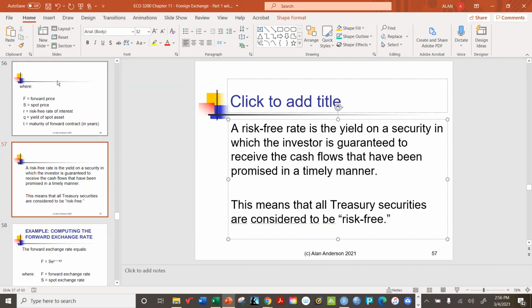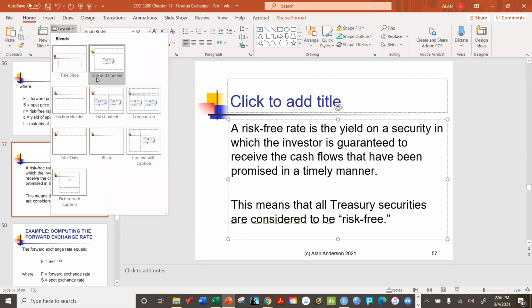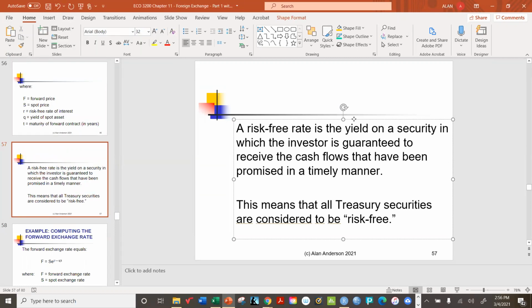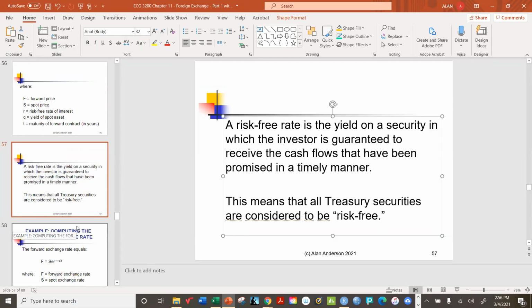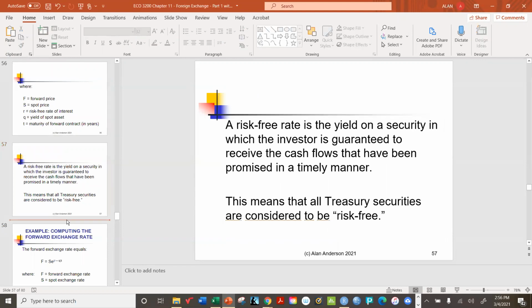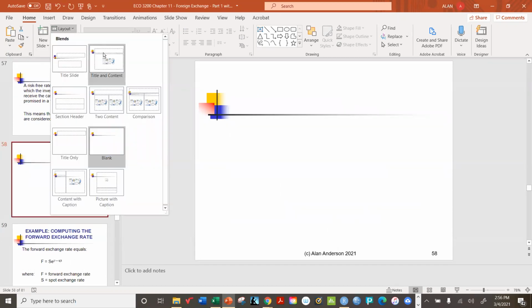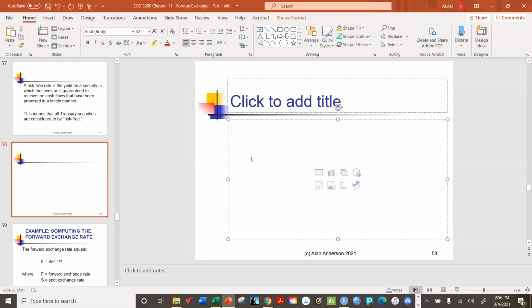Okay, so now that requires another little detour. You may be aware that the US government borrows a lot of money, a lot of money. How do they do that? They don't go to a bank, for God's sake. What they do is they sell securities known as treasury securities.